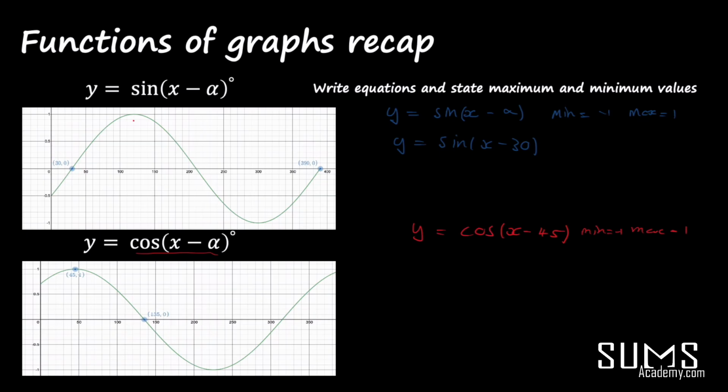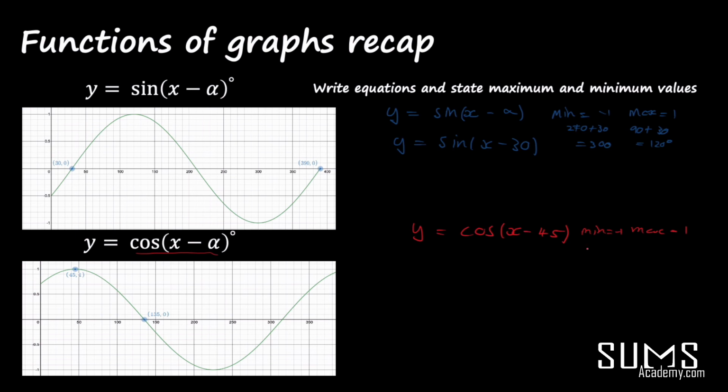So this one, we would have expected the maximum to happen here at 90 degrees, but because it's been shifted 30 degrees this way, we need to figure out that the max is going to be equal to 90 plus 30, which is going to be equal to 120 degrees. And the minimum, instead of being at 270, is going to be another 30 degrees along. So this is going to be equal to 300. And the same down here.